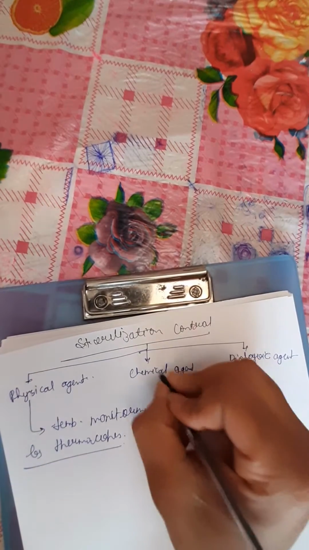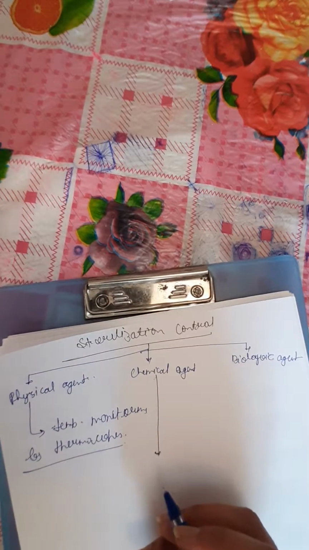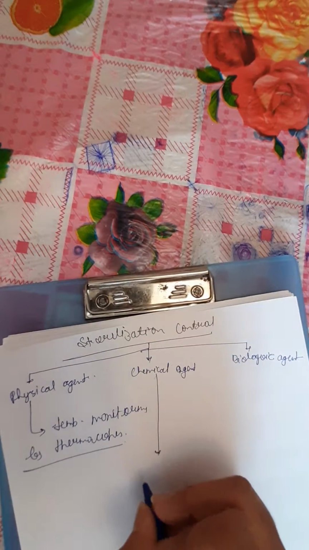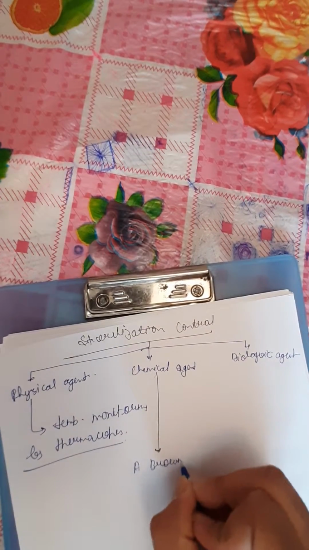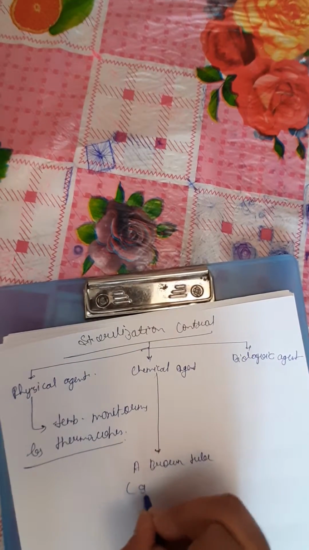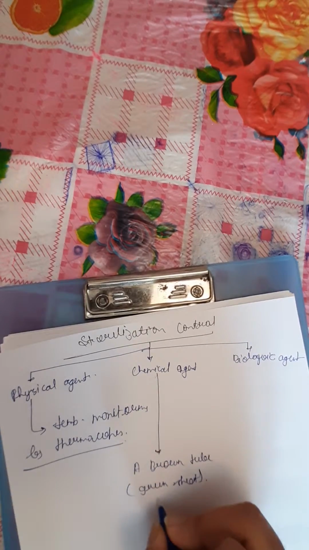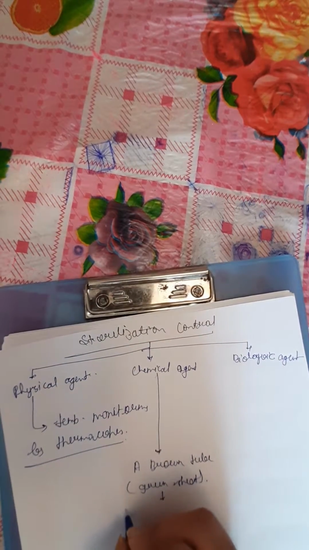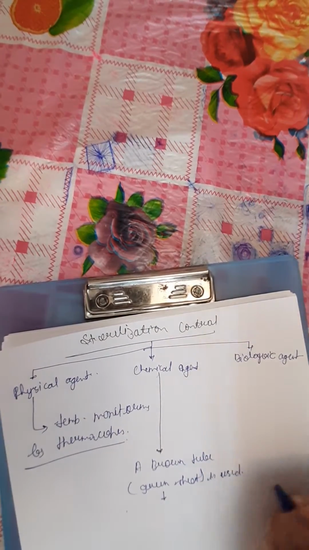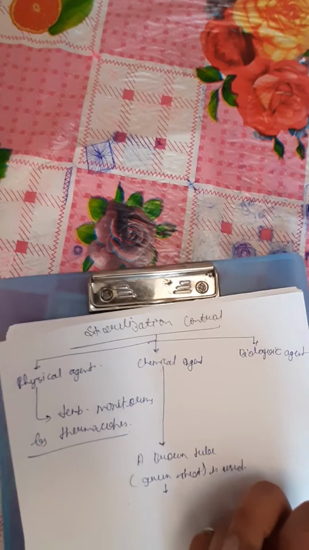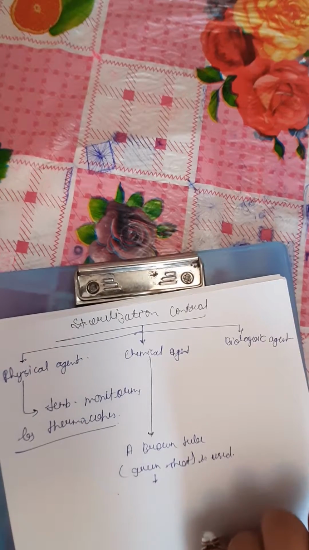Next one is the chemical agent. In the chemical agent, we get a brown tube, also called a green spot. These are used so that we can notice that our sterilization has been finished.